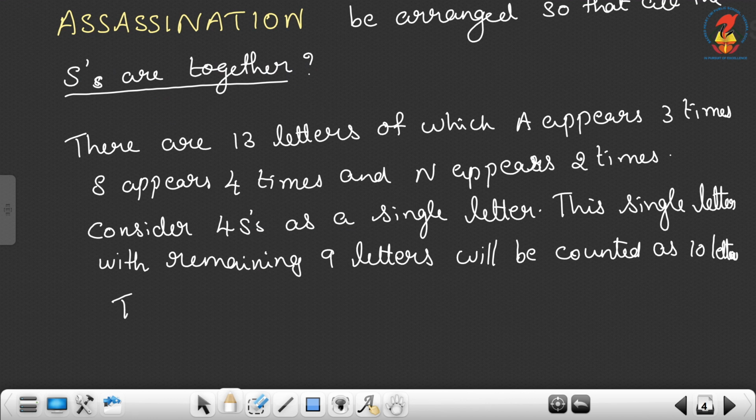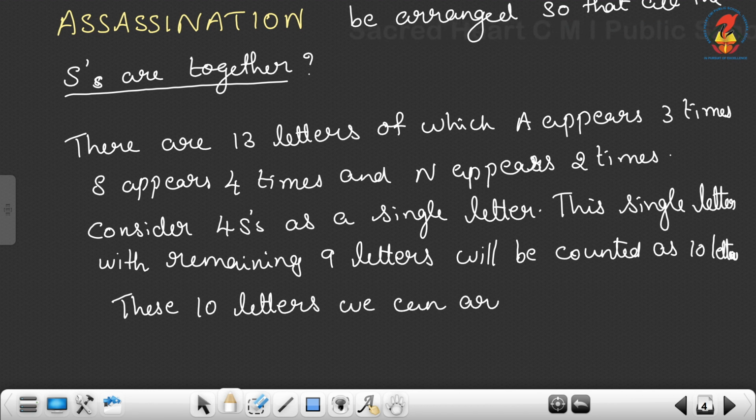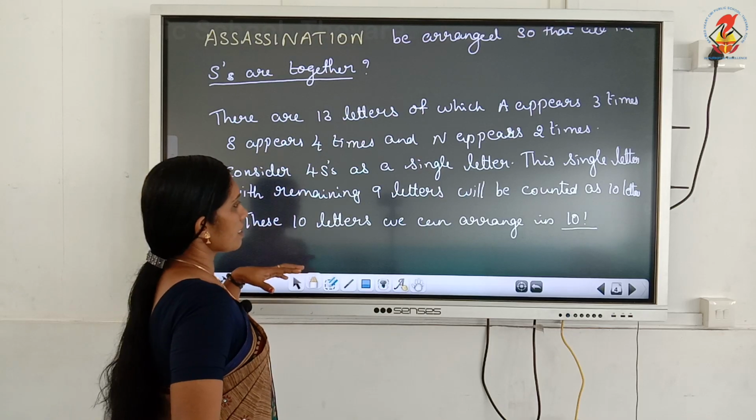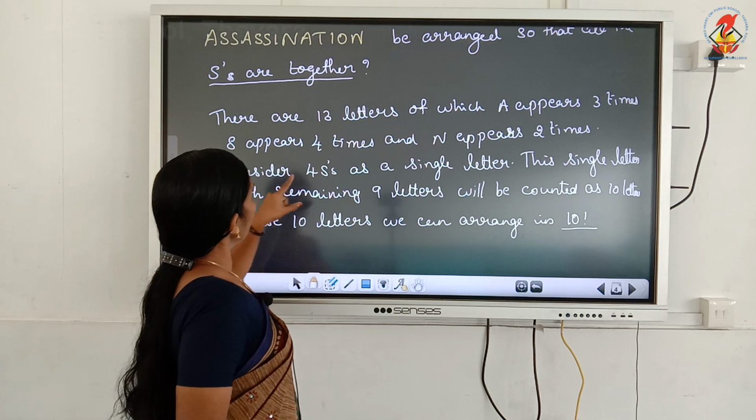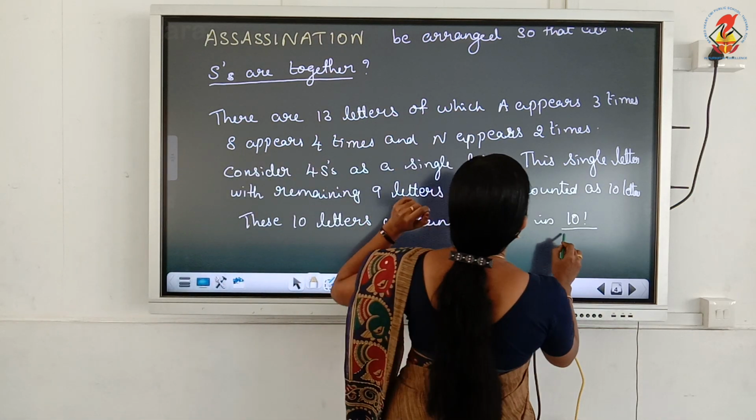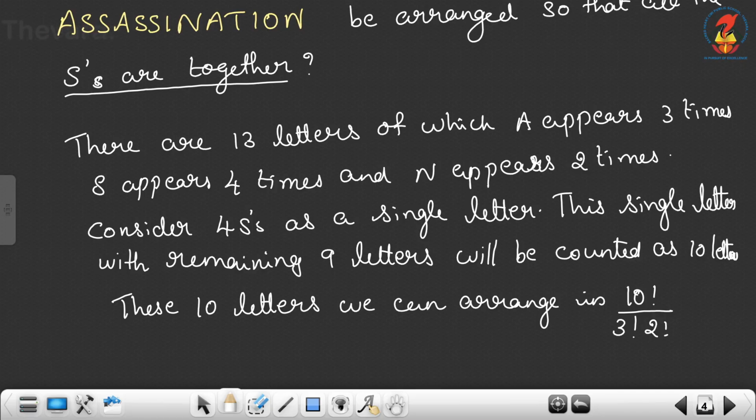These 10 letters we can arrange in 10 factorial by, so here don't count S, the other letters. 10 factorial by A how many times? 3 times, N 2 times. Okay.